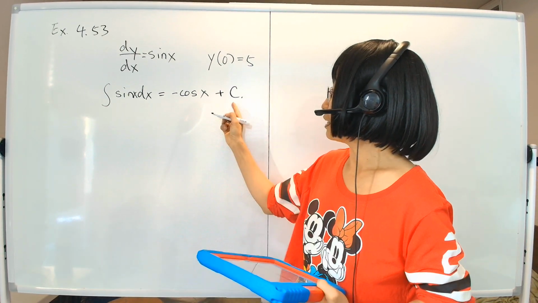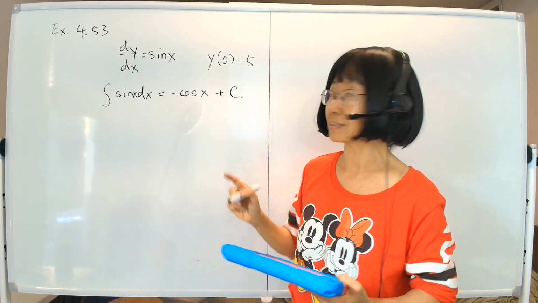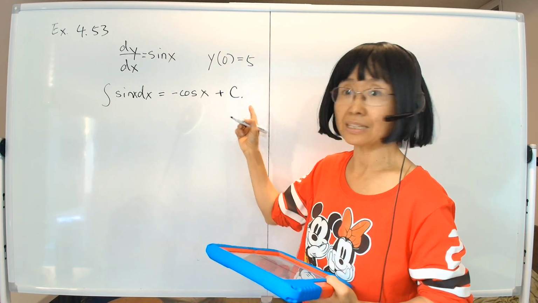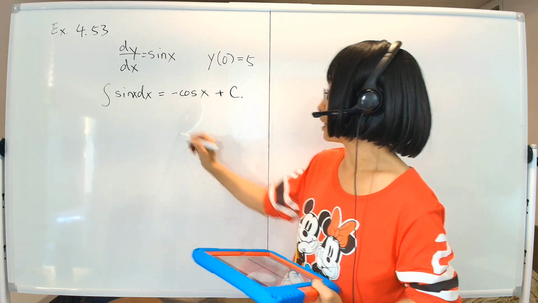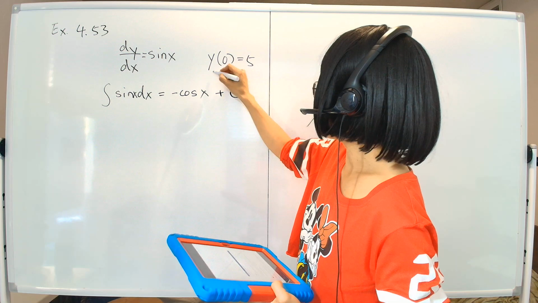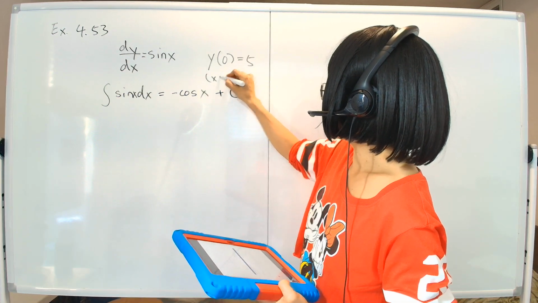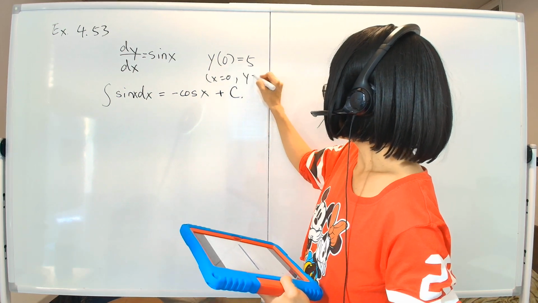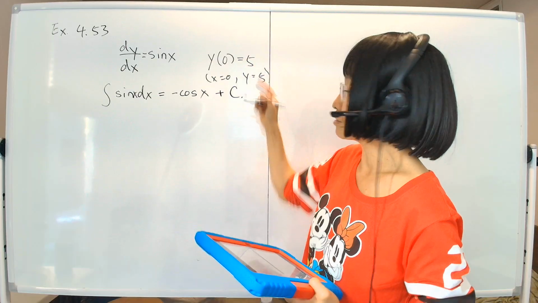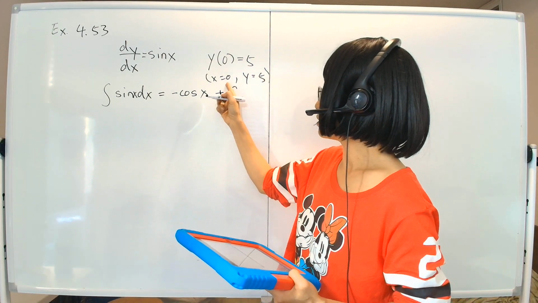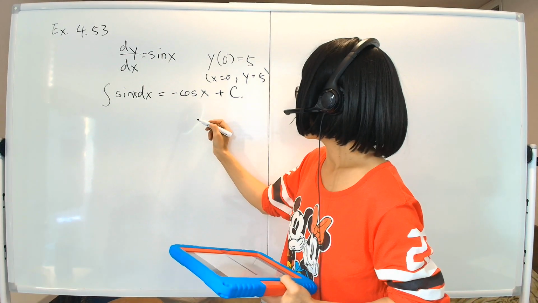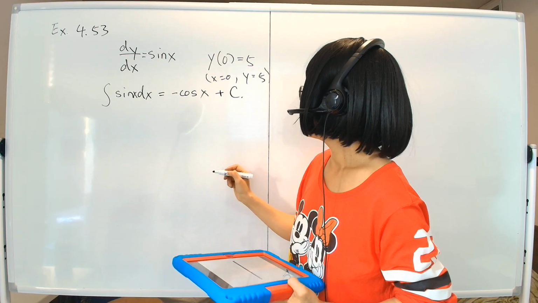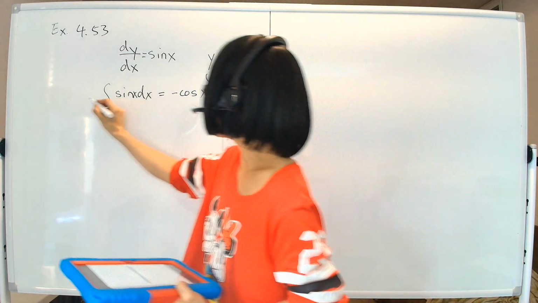However, your integration is done, but now you have to take care of the detail of what c is. So y at 0 equal to 5 means that when x is 0, y is 5. This thing is y right here.